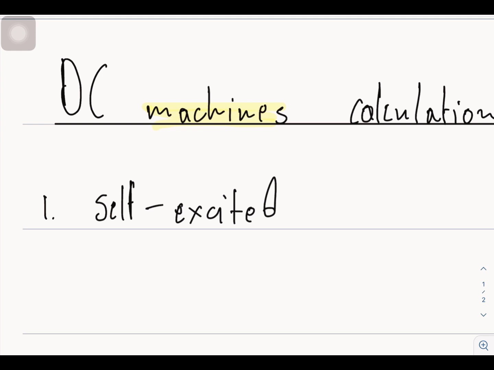For example, if we are talking about a self-excited generator, the electricity that is being generated by that generator is being supplied to its field winding. That is what makes it self-excited. If we are talking about a motor, the electricity that we are supplying to that motor is the one that supplies the armature and the field winding. What do I mean?